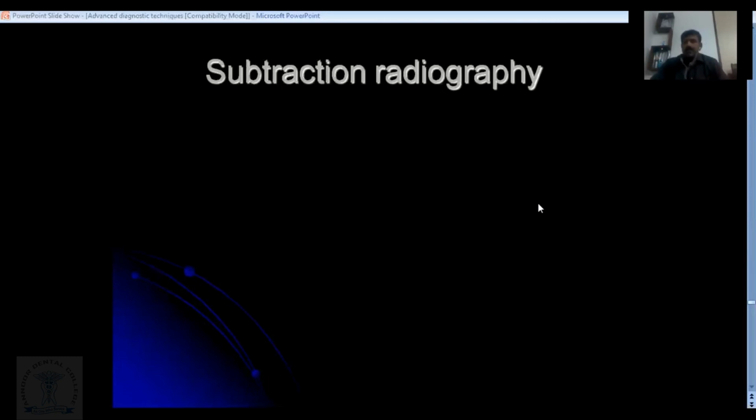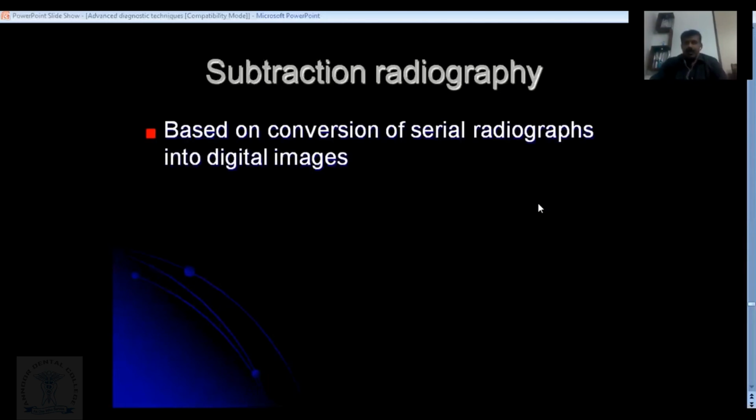Now is subtraction radiography. Here you are taking serial radiographs and converting them into digital images. Suppose you want to do research, or you are evaluating one area, let's say the 4-6 area. You take a radiograph of 4-6 before your treatment.